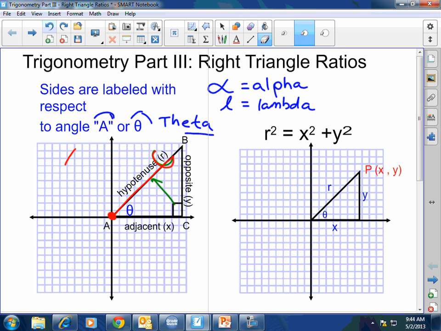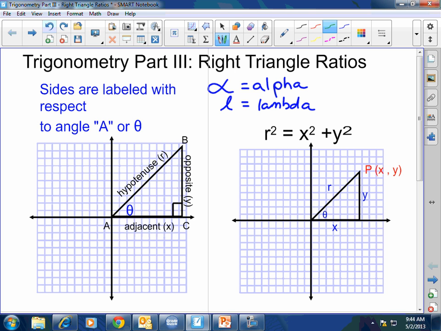Awesome. So, I could have it this way, or I could relate it a little bit more algebraically. Sometimes they're going to tell you a certain point P is on a circle.